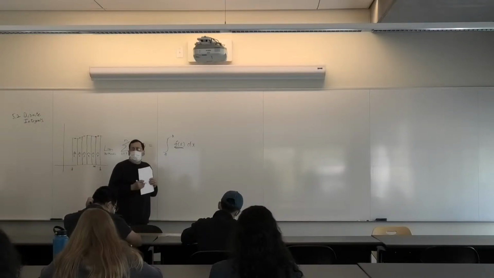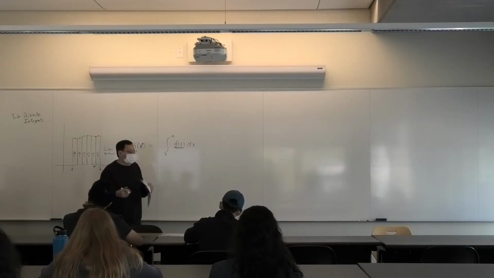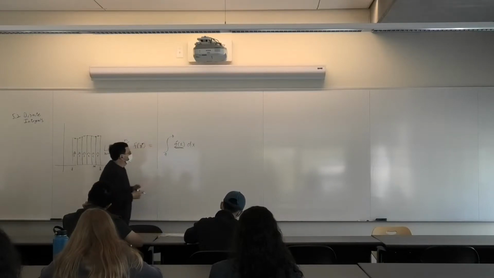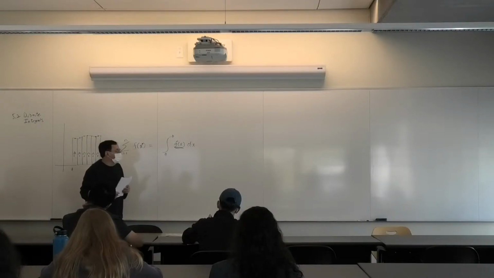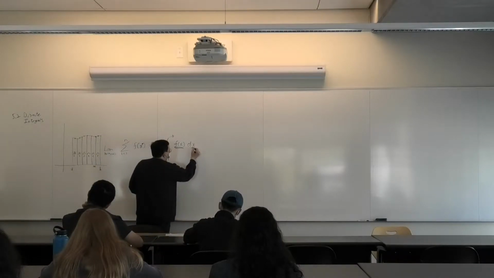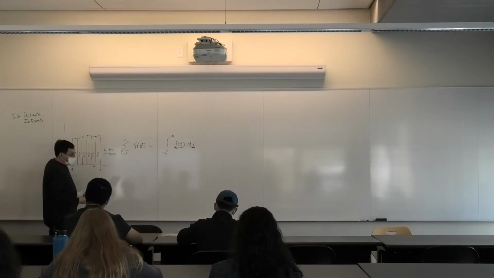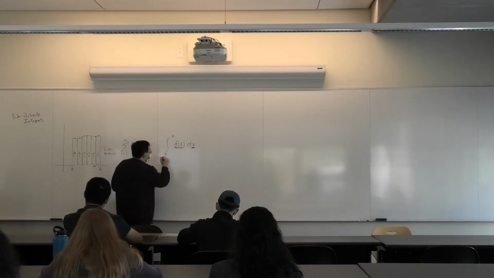If you go on in calculus, in math, sometimes this function could be a function of multiple variables, and this x here tells you what exactly we're integrating over. And this object here is called a definite integral.